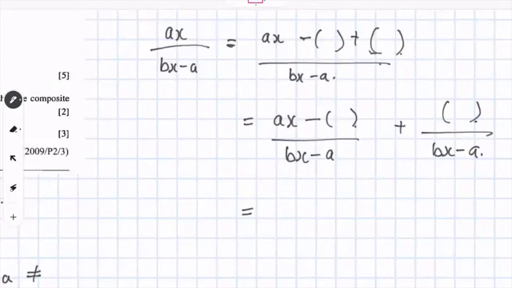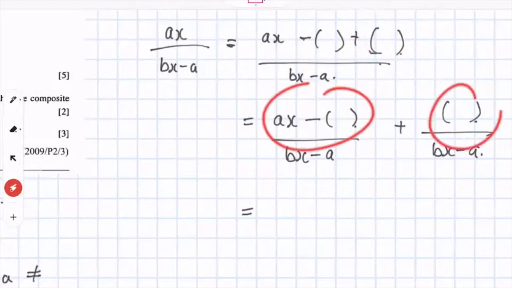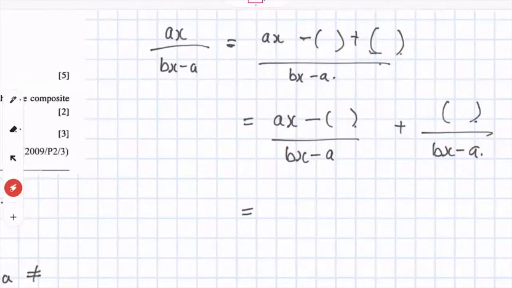I don't get it. How do you get to this? Wait. But how do I know how to split it up? This one is a over b times bx minus a.